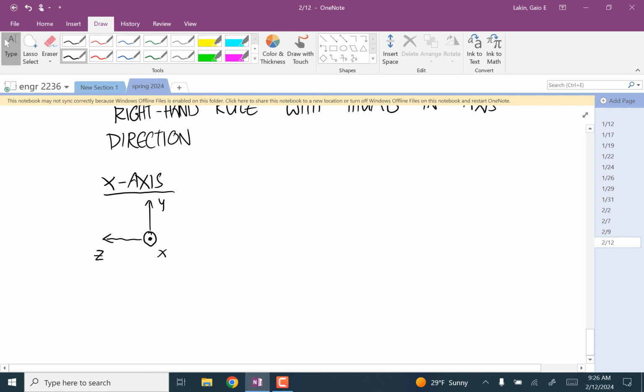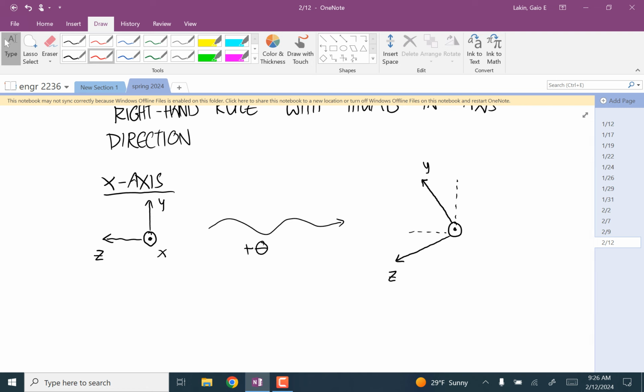So what would a positive rotation about the x-axis look like? If you rotate positive theta degrees about the x-axis, your x-axis would still be facing straight out. But your y-axis would be that way, and your z-axis would be that way. This angle is theta, and this angle is theta.